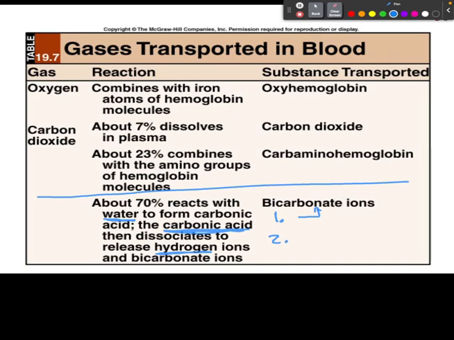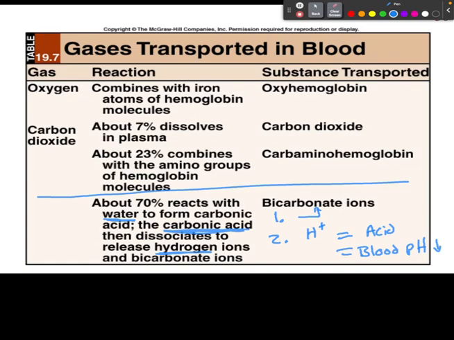But the second thing, it kind of comes full circle here. If you have hydrogen ions, that's going to turn whatever substance has those ions into an acid. And this is why your blood pH goes down.